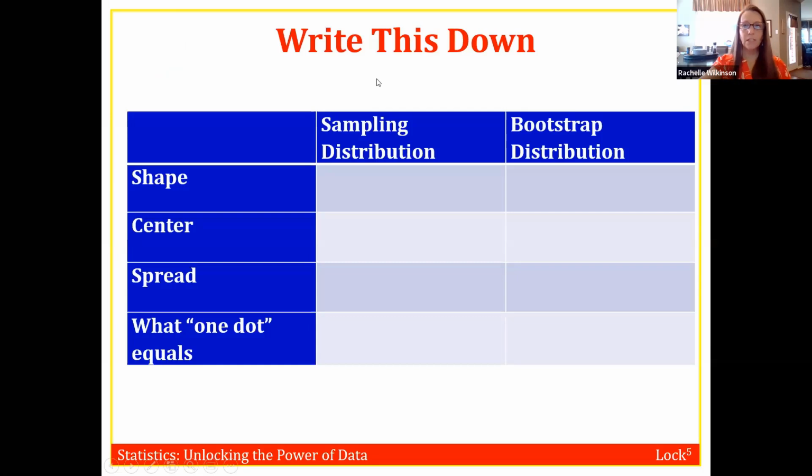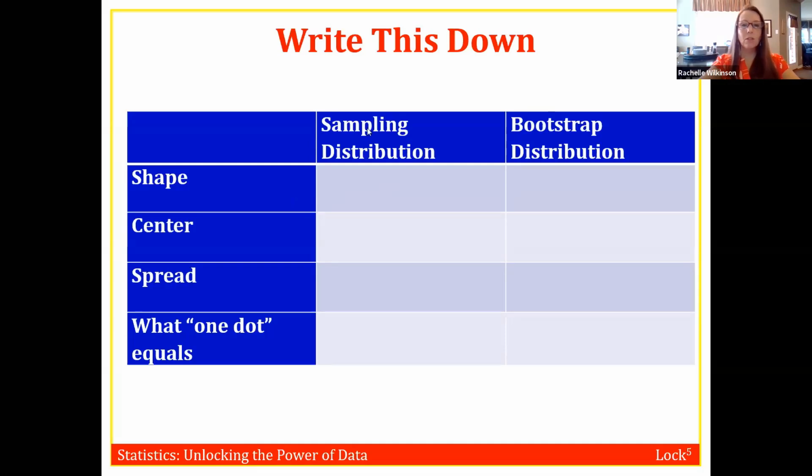Next we're going to fill out this little chart. The whole point of a bootstrap distribution is to mimic the sampling distribution so that we can use that estimate for standard error to construct our confidence intervals. We're going to talk about the similarities and differences between sampling distributions and bootstrap distributions, starting with the shape.